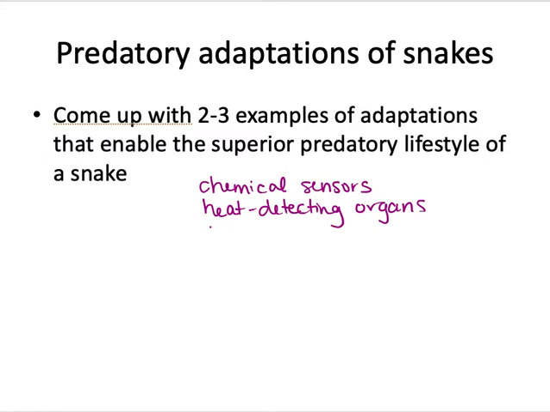Their bodies can sense vibrations on the ground. Of course, they're venomous, and they have those very loose jawbones that allow them to open up widely and eat prey that's larger than the size of its own head.